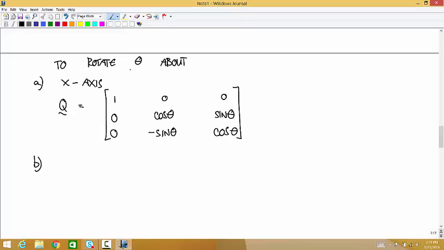To rotate theta degrees about the y-axis, the rotation matrix is cosine theta, 0, negative sine theta, 0, 1, 0, sine theta, 0, cosine theta.